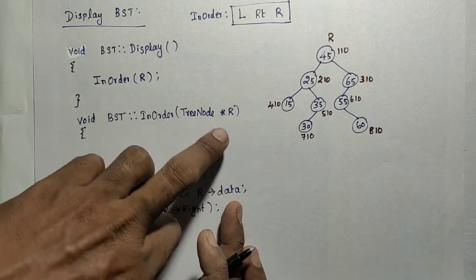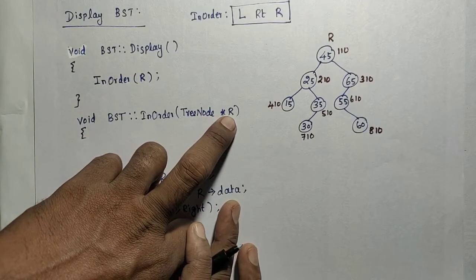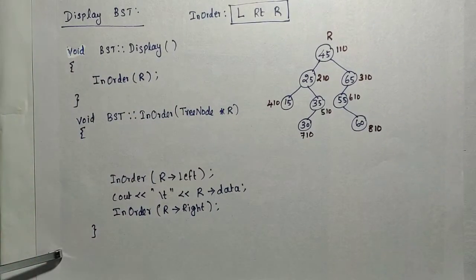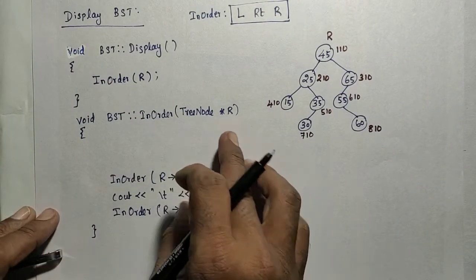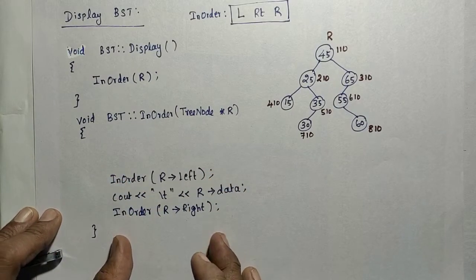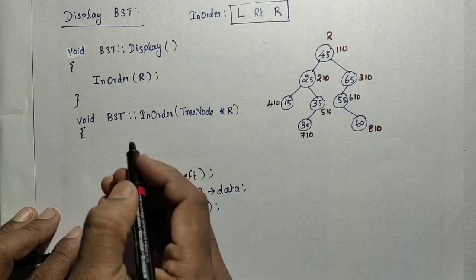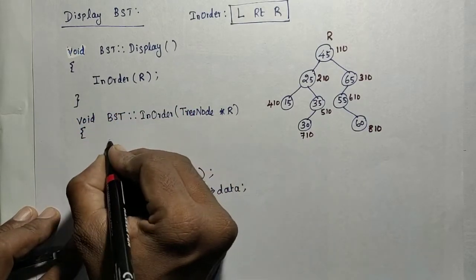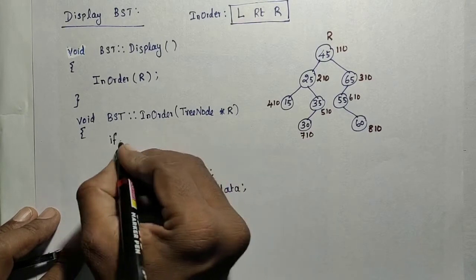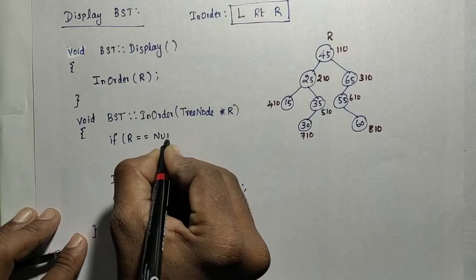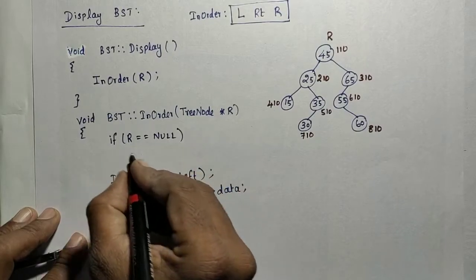So in which situation it needs to be terminated, that we have to set. It means in which situation the recursive call is not needed. When the recursive procedure that is displaying the content of the BST is not needed: when the root is null. In that case, where left is not there and right is not there, calling inOrder and printing the data is not needed. So in that case you have to terminate inOrder. If the root is equal to null, we need to terminate this.